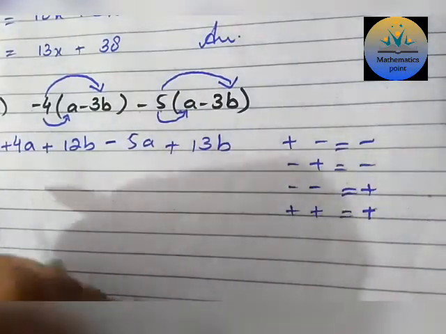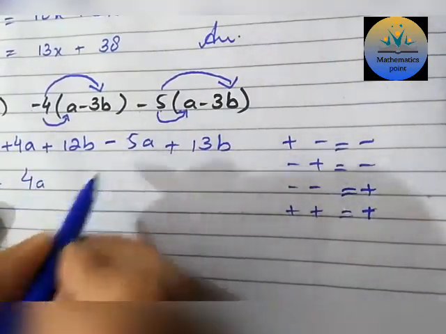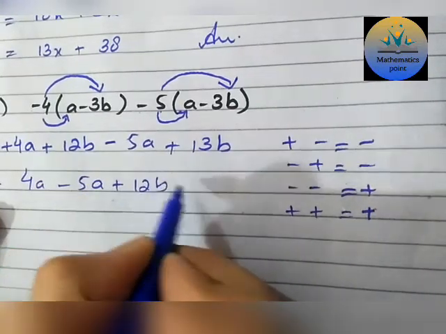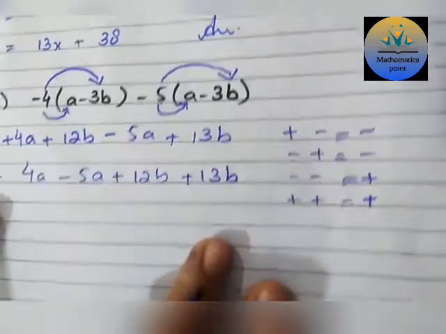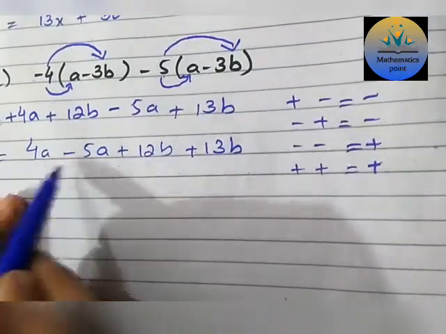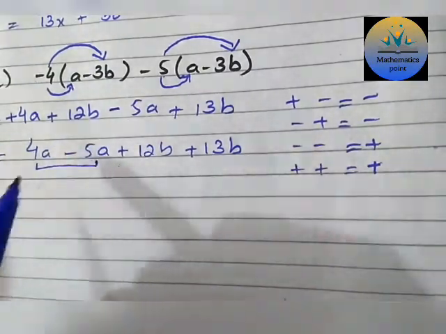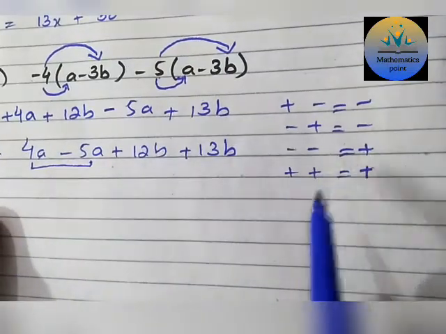Now arrange the terms with the same variables. 4a and the other variable term is 5a, then 12b, and the second one is 13b. Now plus minus, for having the plus sign, these two terms will be solved because both have the same variable. Now plus minus, look at the addition rules.